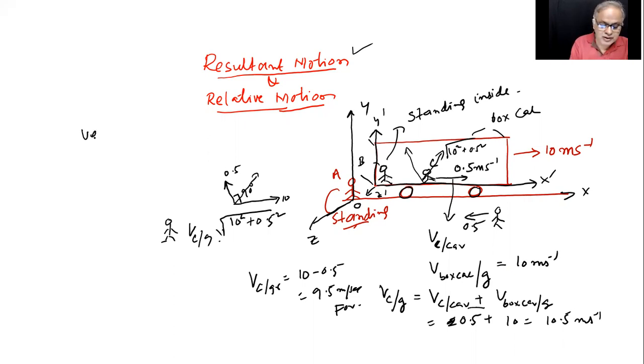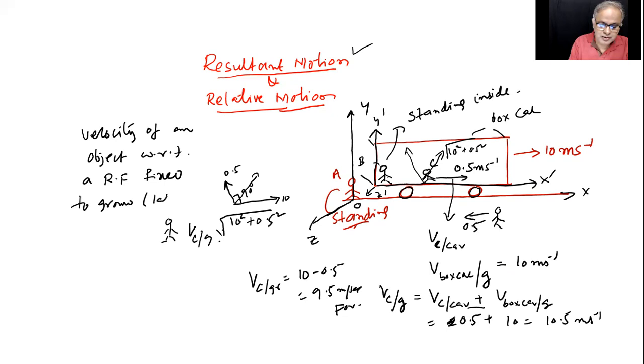So the motion of an object with respect to a reference frame fixed to ground or lab, to make it more scientific, is called resultant motion.